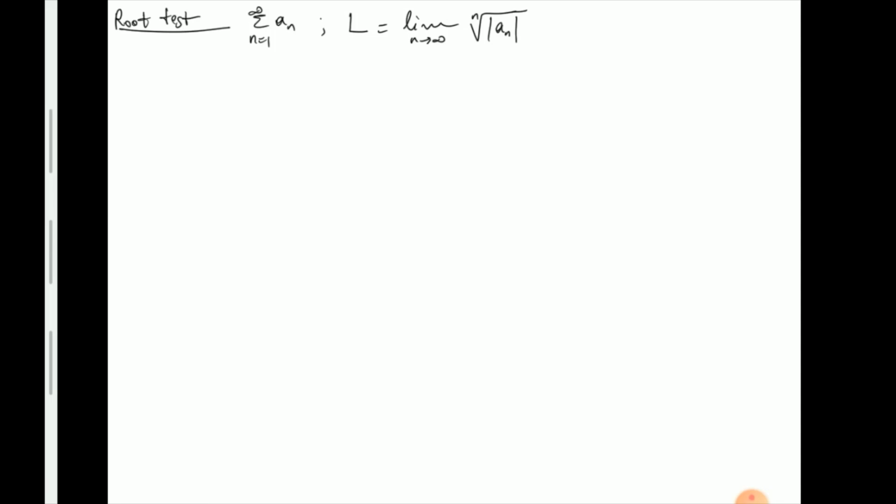It's just that in some cases it's easier to compute this one here. So instead of taking a(n+1) over an, you can take the nth root of the absolute value of an. And you do this root test if you feel like this way to compute the limit is easier, because the conclusion is the same as before.